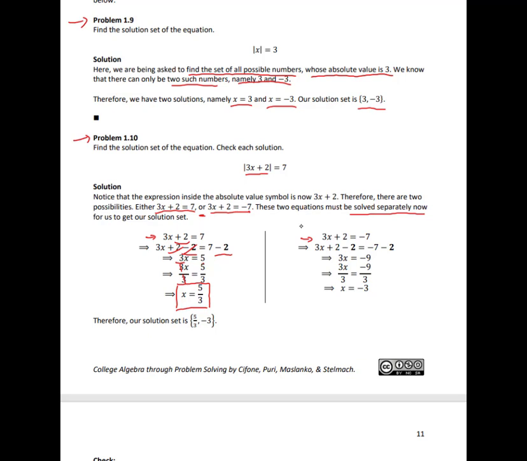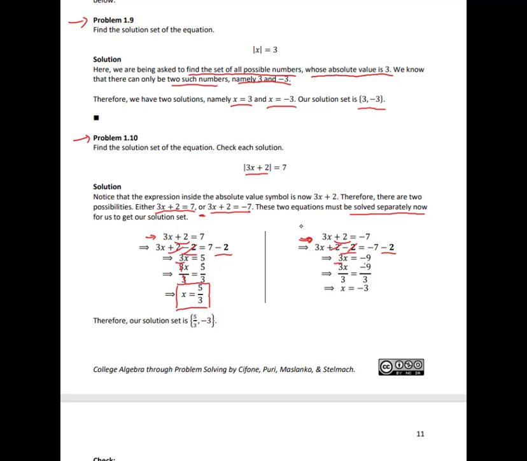And for the other case, we have 3x plus 2 equals negative 7. So the goal is again first to move the 2 to the right-hand side. So let's subtract 2 from both sides. The 2's cancel on the left, and the right-hand side becomes negative 7 minus 2, which is negative 9. So now we have 3x equals negative 9.